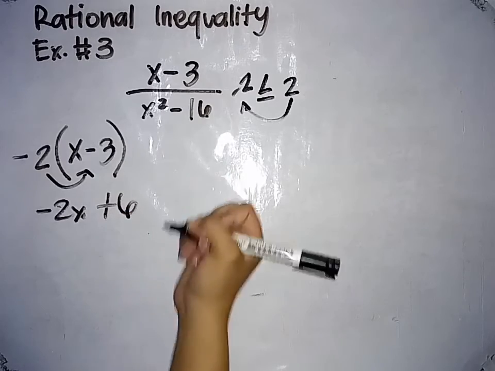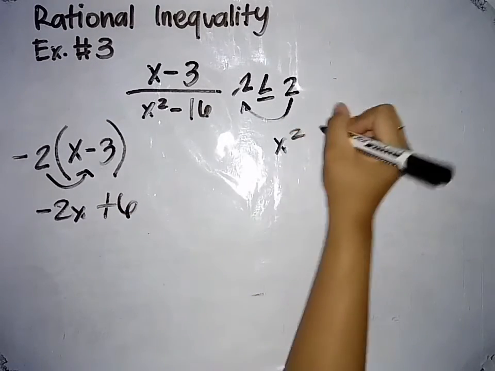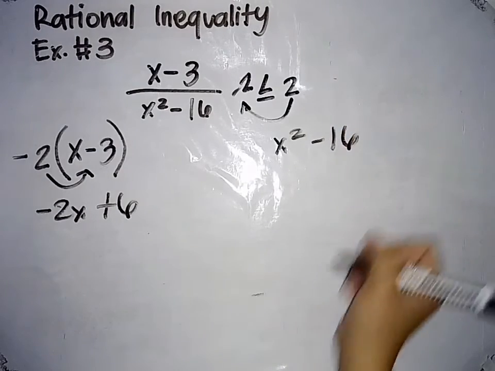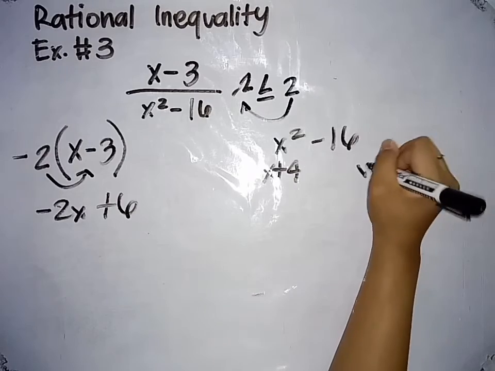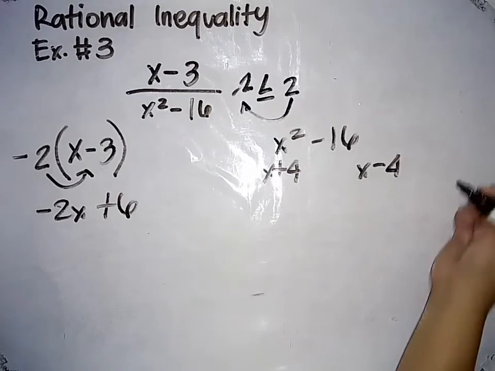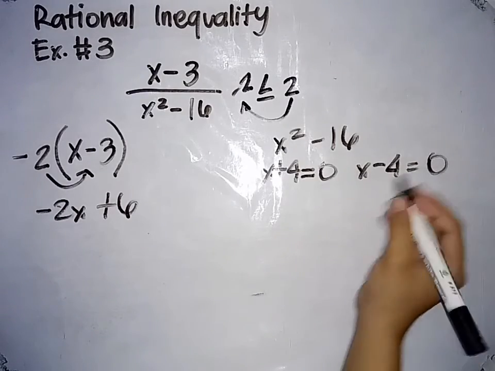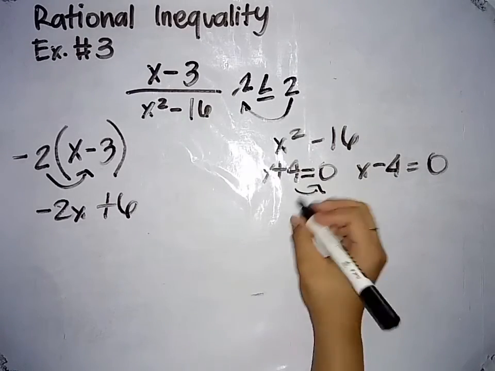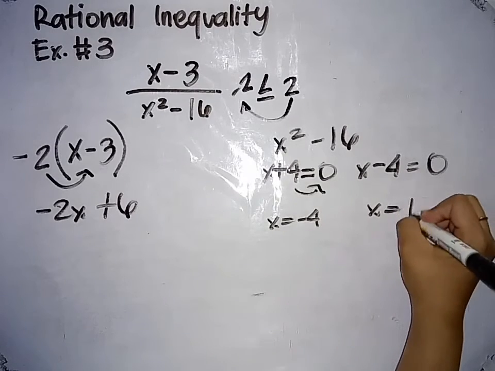So let's bring down the denominator. We have x squared minus 16. We need to factor this one. So we have x plus 4 and x minus 4. We set it equal to 0 and transpose both 4s. So we have x equals negative 4 and x equals positive 4.